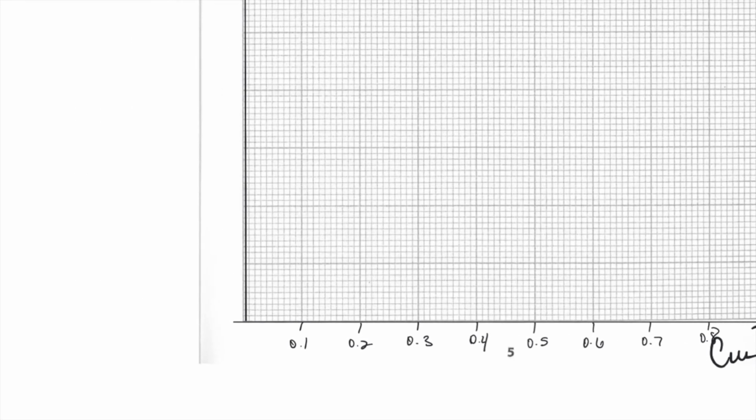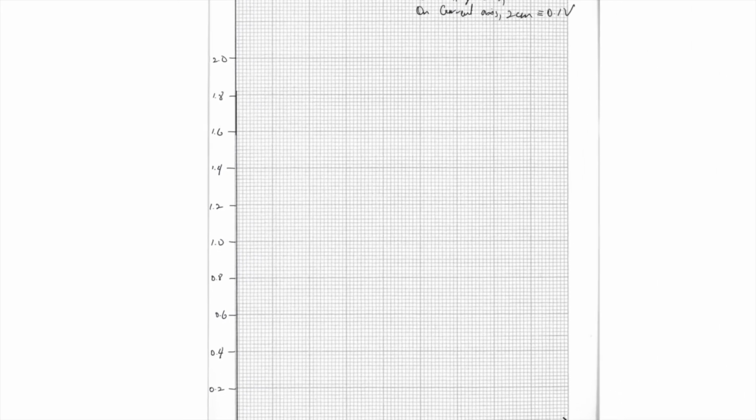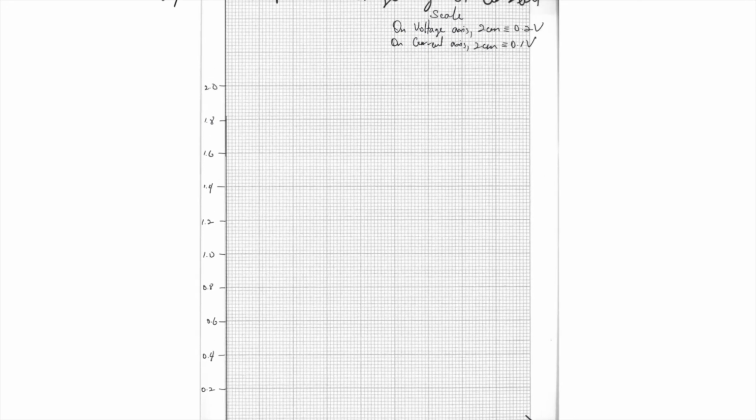Now on our voltage axis, we'll have 0.2, 0.4, 0.6, 0.8, 1.0, because remember it's intervals of 0.2, so we're counting the same way as we did when we were doing our reading scales activities. So 1.2, 1.4, 1.6, 1.8, 2.0. So this is what our graph looks like.